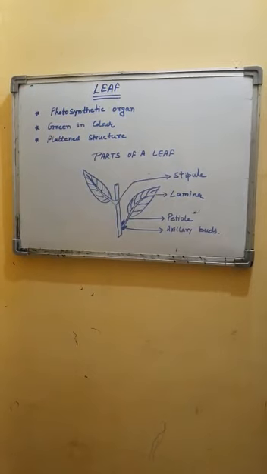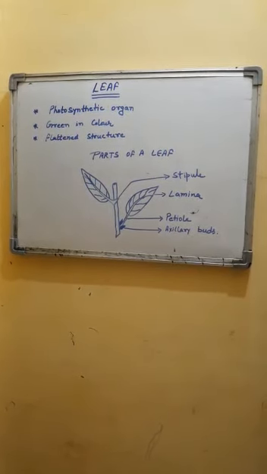These are generally flattened structures. Following are some characteristics of leaf. Leaves are photosynthetic organs. Leaves are green in color and flattened in structure. The leaf carries out a very important function inside the plant body, that is photosynthesis.